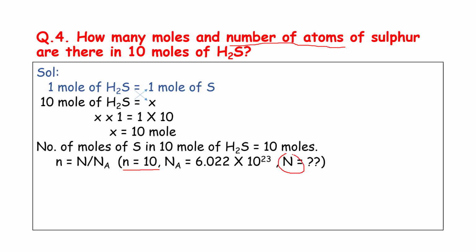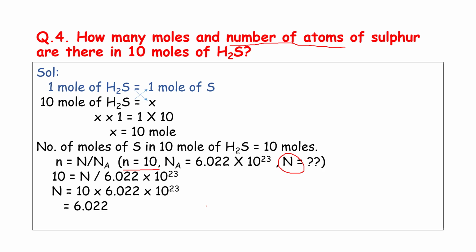Now we need to calculate the value of N. Again applying the formula n is equal to N upon Na, we'll put the value of n as 10 and Na, whose value is fixed as 6.022 into 10 to the power 23. The value will come as 6.022 into 10 to the power 24. Why is it 10 to the power 24? Because when nothing is there, it's 10 to the power 1. Now 23 plus 1, it will come as 24. So the number of atoms will come here as 6.022 into 10 to the power 24 atoms.